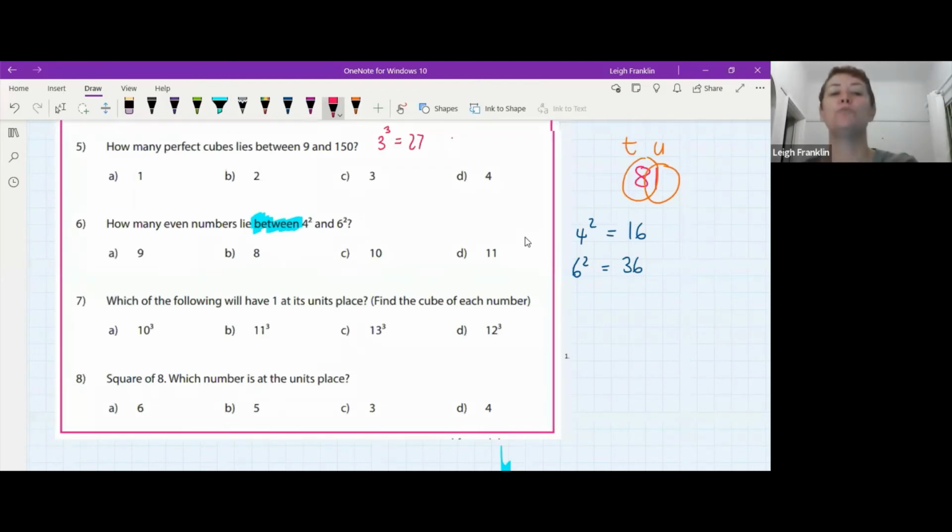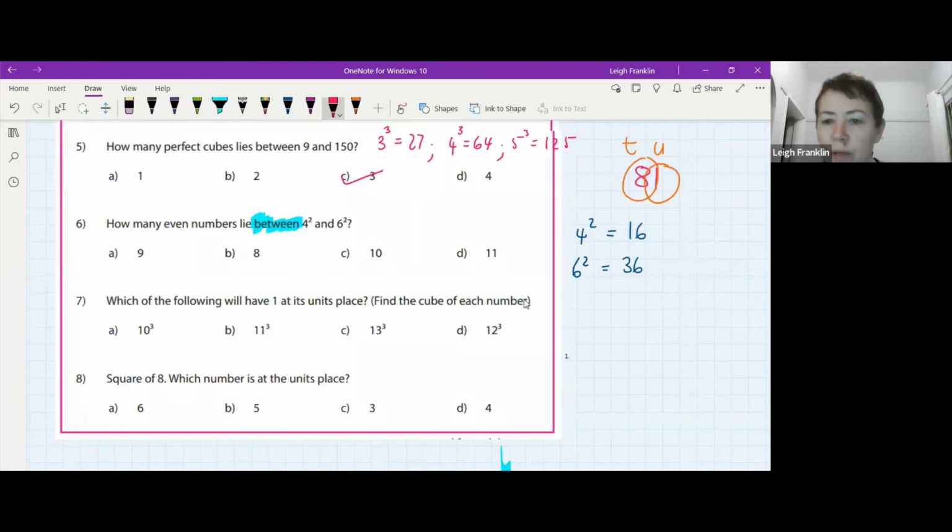Okay, so 8 is smaller than 9. 1 cubed is 1, 2 cubed is 8, 3 cubed is 27. So the next perfect cube after 9 will be 27, and then it would be? 64. Good. And then it would be? 125. Exactly. Okay, so Maria was correct.